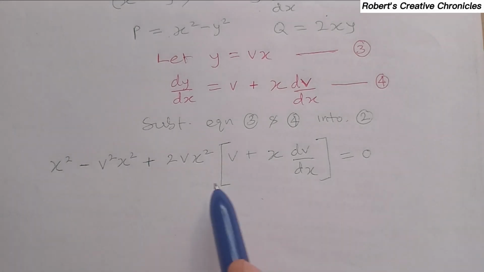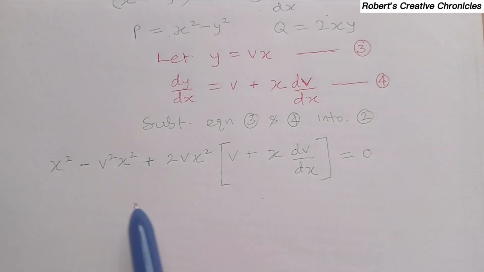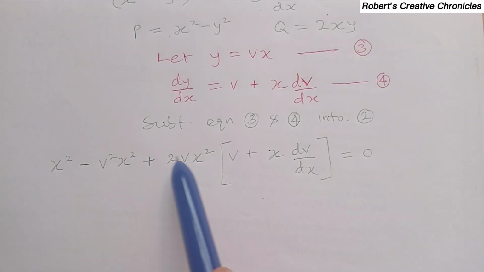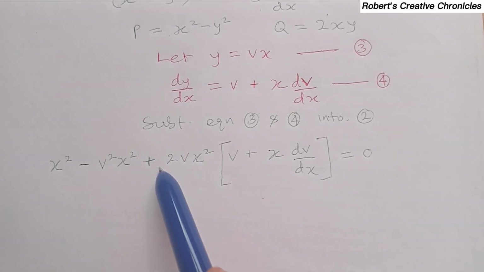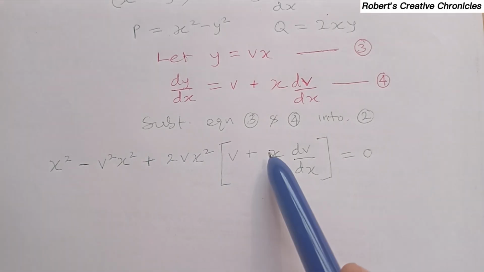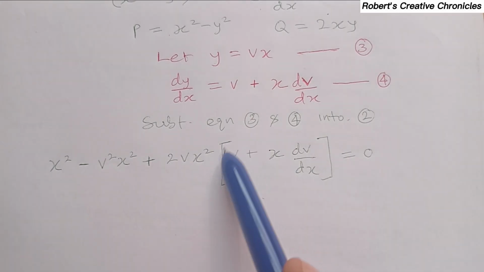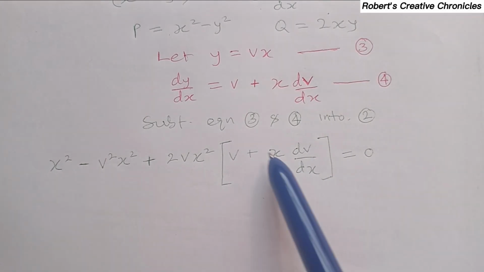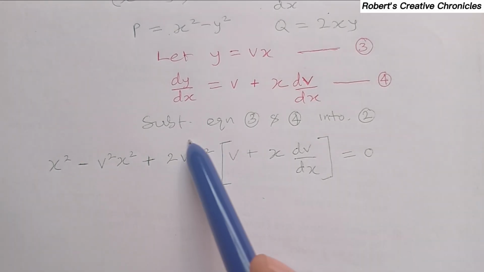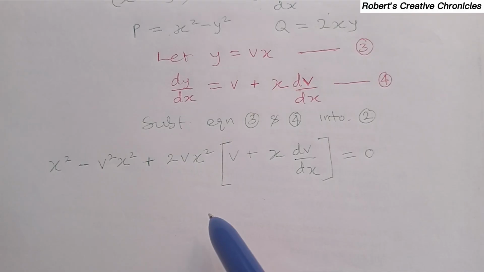So now we are going to simplify this equation. What we are going to do is divide all through by the term before this bracket, so that we are left only with the expression in the bracket. So we're going to divide all through by 2vx squared.